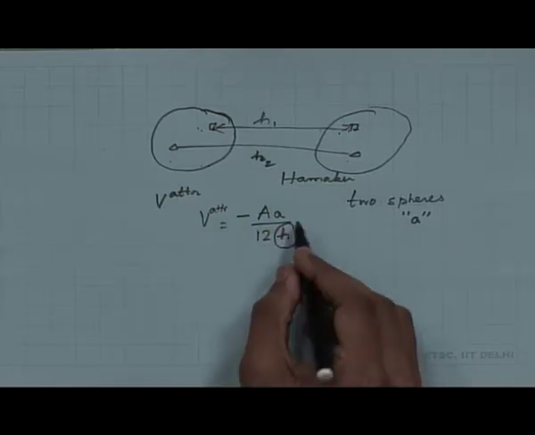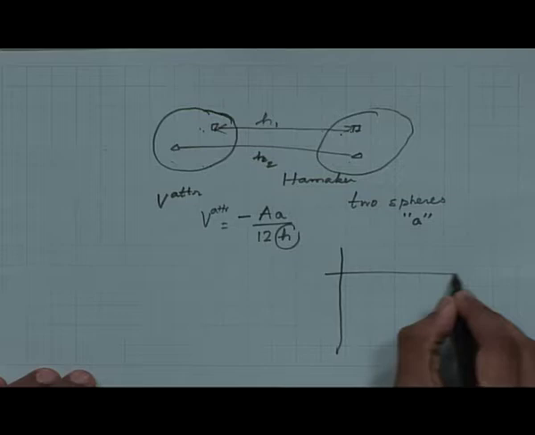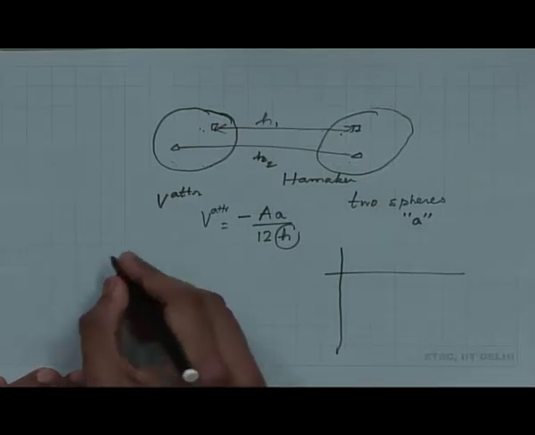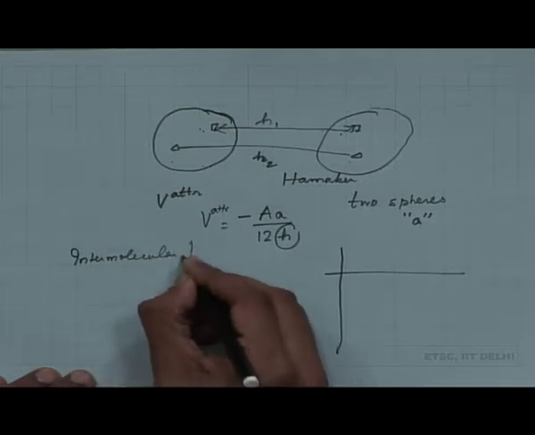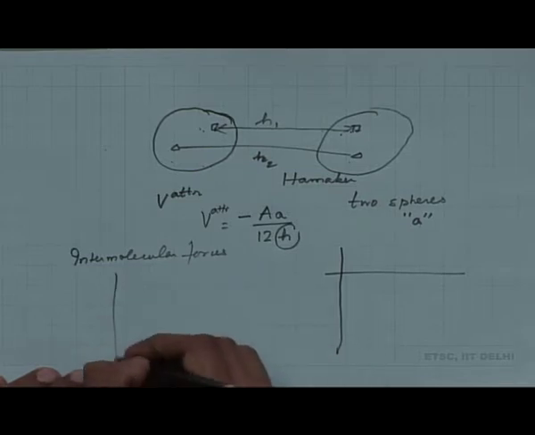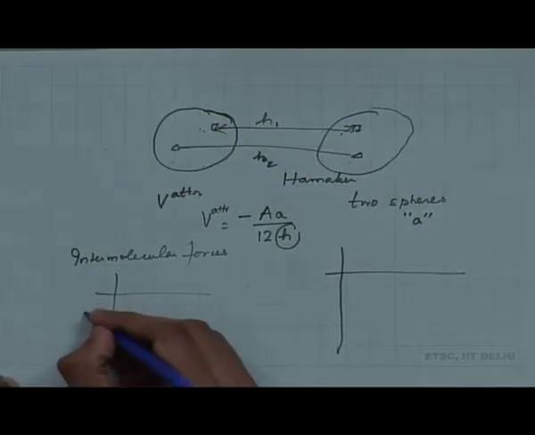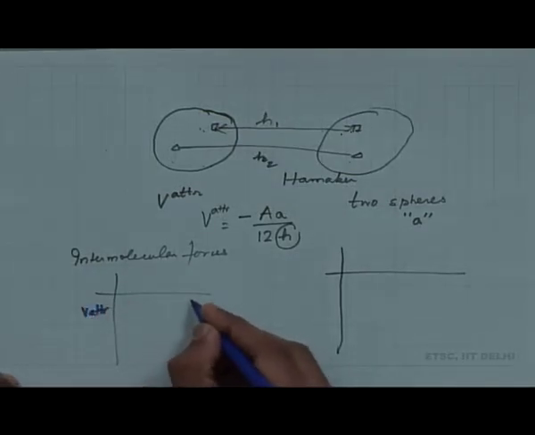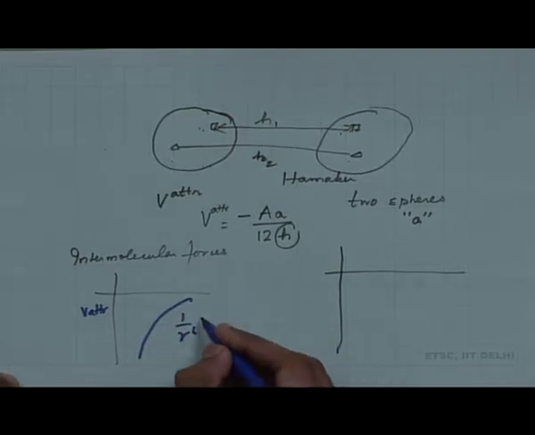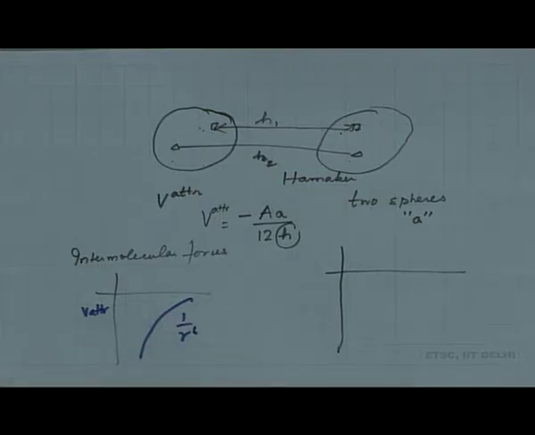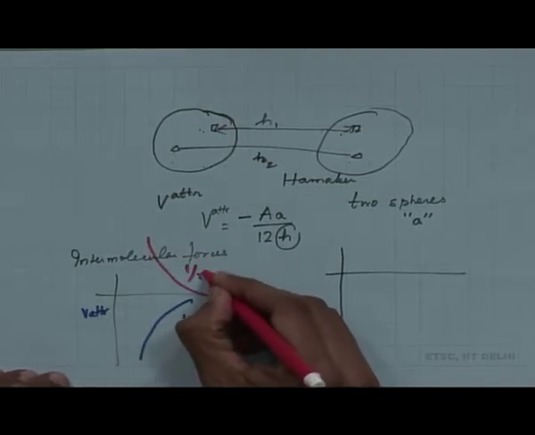It is not important to memorize this form, but what is important to see is, if you plotted the attractive potential here, normally for intermolecular forces between two molecules, V attraction goes as 1 over r to the 6. This is something that you all know, and the repulsive force in this particular case for intramolecular forces is typically given by 1 over r to the 12.